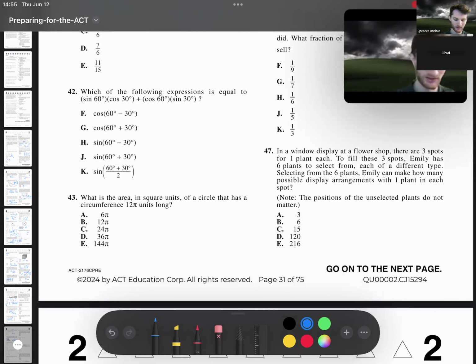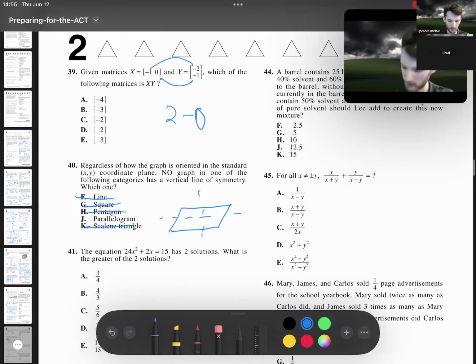Which is the area in square units of a circle that has a circumference of 12 pi units long? So it has a diameter of 12 and a radius of 6. So it's 36 pi, which is D. All right.